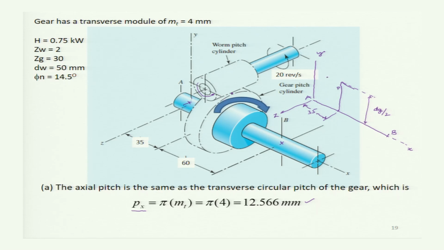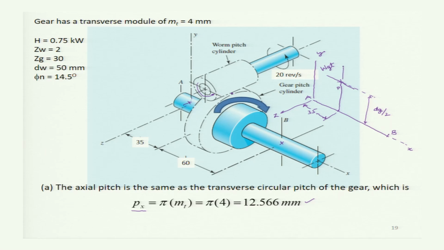So along the x direction will be the axial force, and it will act in a positive x direction. It is W_GT, positive x direction. Now the radial force is obvious, it will be acting along the axis of rotation, and so along the y direction but in the negative y direction.